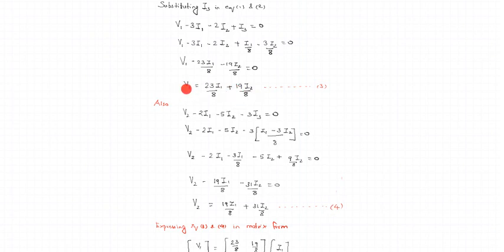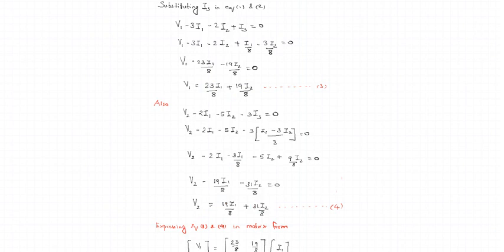If we compare this with the standard Z parameter equation, we get V1 as Z11 I1 plus Z12 I2. Similarly, I can express V2 as Z21 I1 plus Z22 I2.